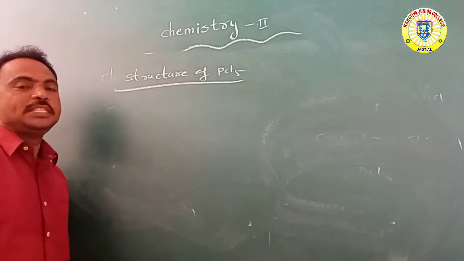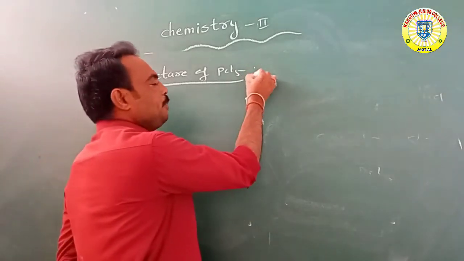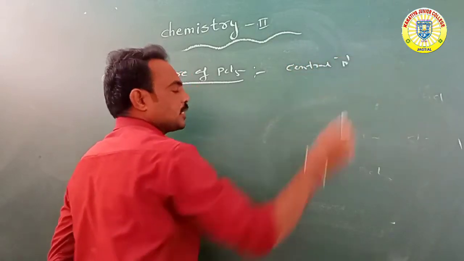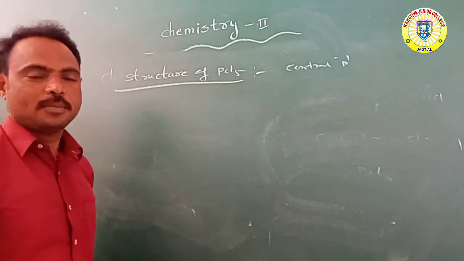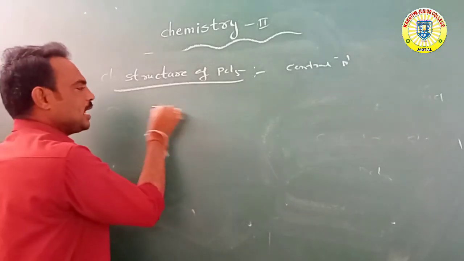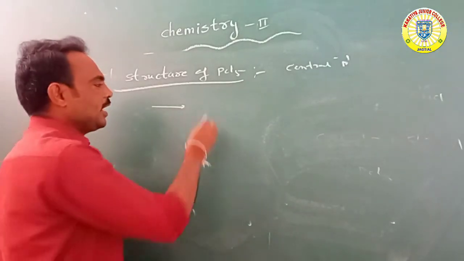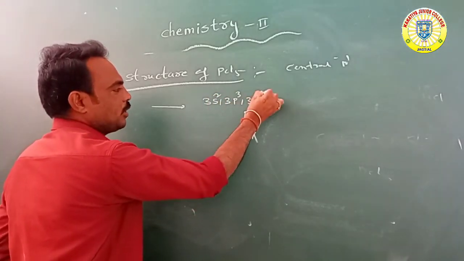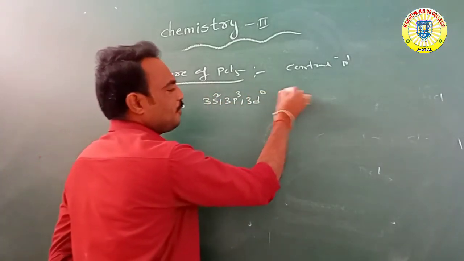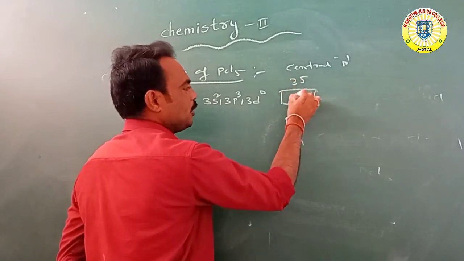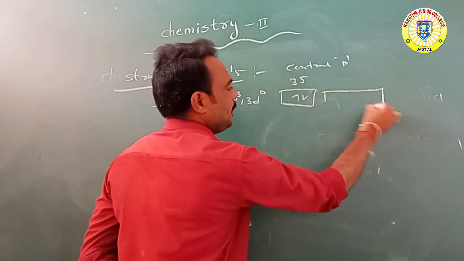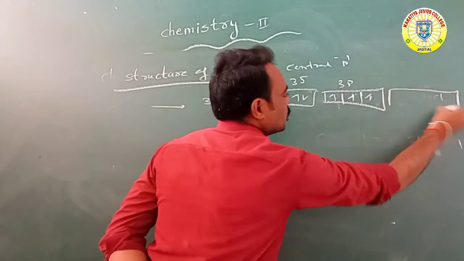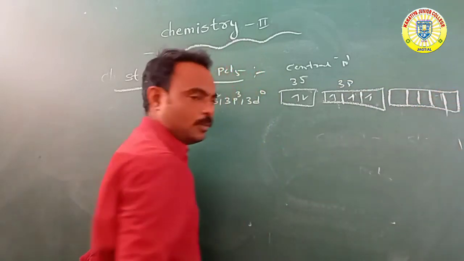So the structure of PCl5. In PCl5, the central atom is phosphorus. So what is the ground state electron configuration? Outer shell 3s2, 3p3, 3d0. So the 3s orbital contains 2 electrons, the 3p orbitals contain 3 single electrons, and 3d is 0.